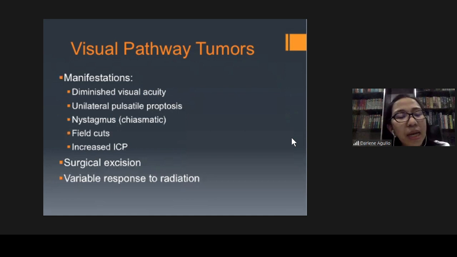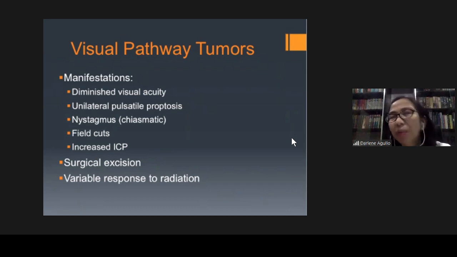So manifestations, number 1, the most common presenting symptom is of course diminished visual acuity. Then patient may present with unilateral pulsatile proptosis. Nystagmus is if the lesion is chiasmatic, so searching nystagmus, no, hindi nakakakita masyado. Field cuts.